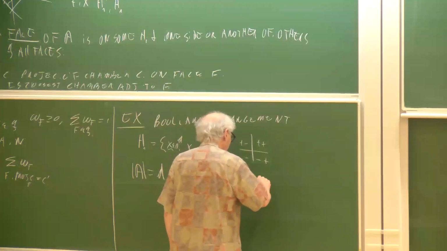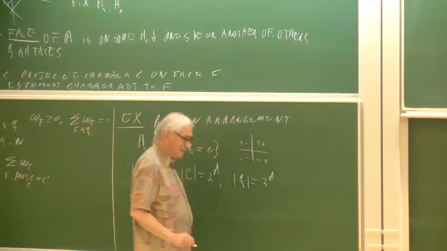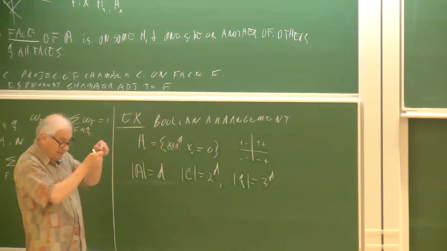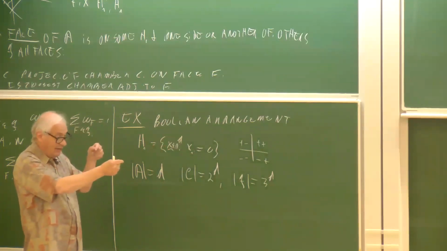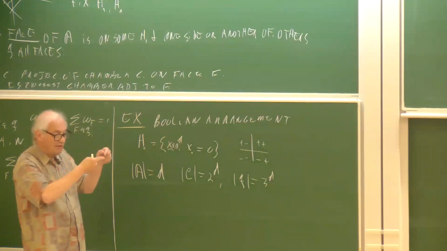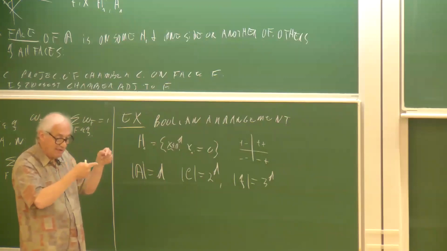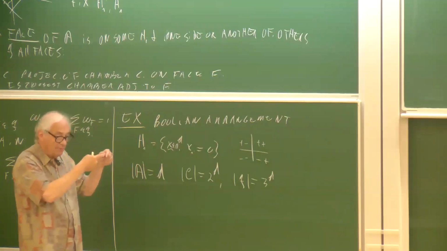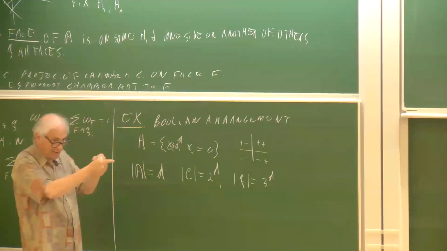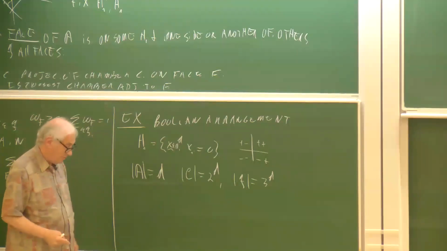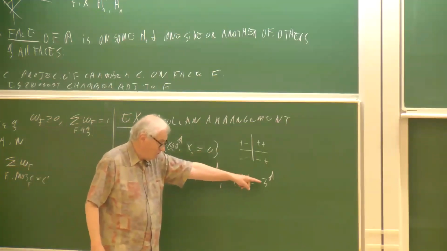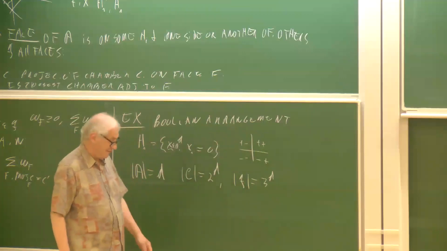Well, it's 3 to the D, because you can specify a face by a sequence of length D, where the ith coordinate is 0, plus or minus as you're on that hyperplane or on the positive side or on the negative side. And you can do those arbitrarily, and any such choice gives you a face. And so when D is 2, there are 9 faces, and it's okay.